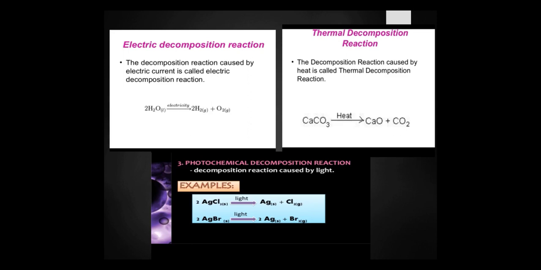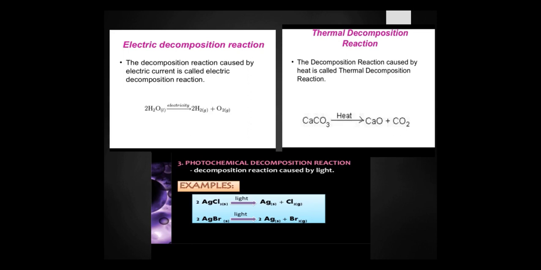On heating, it breaks down into calcium oxide and releases carbon dioxide gas. So this reaction takes place on heating, so it is called a thermal decomposition reaction. Now, whenever magnesium carbonate is heated at 1000 degrees Celsius, it gives magnesium oxide and carbon dioxide. This is also a kind of thermal decomposition reaction.